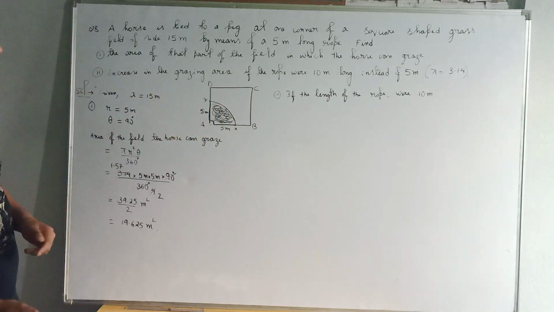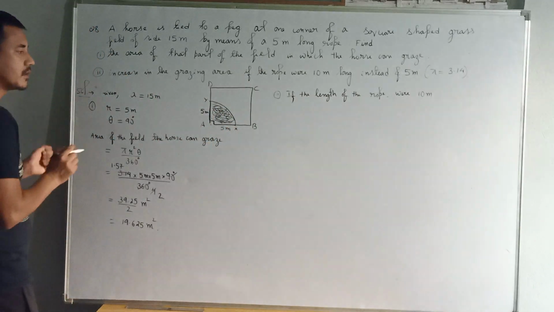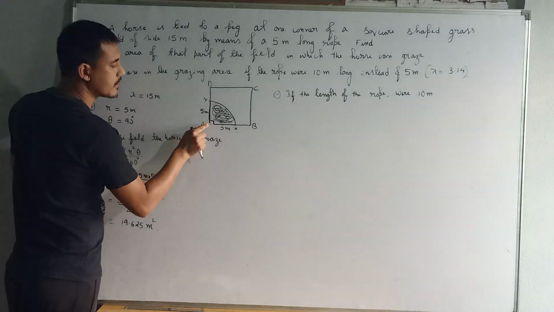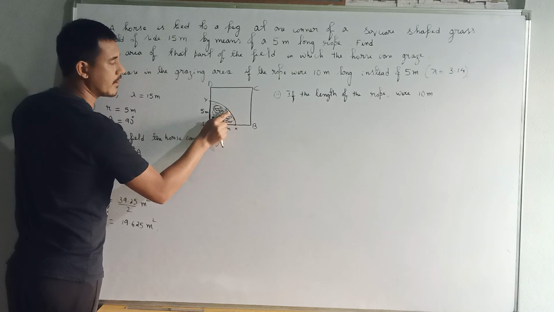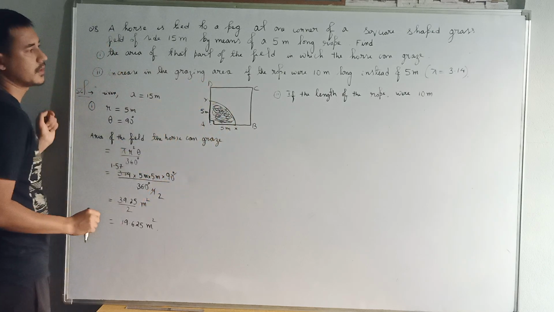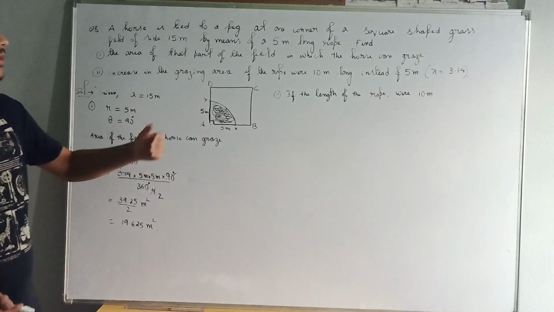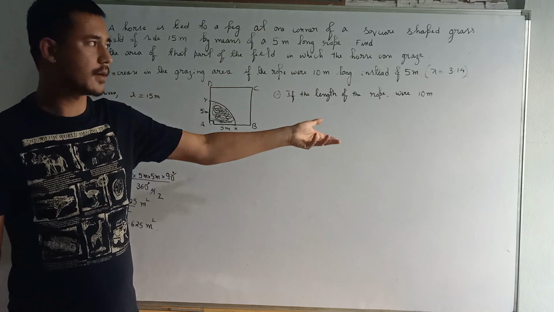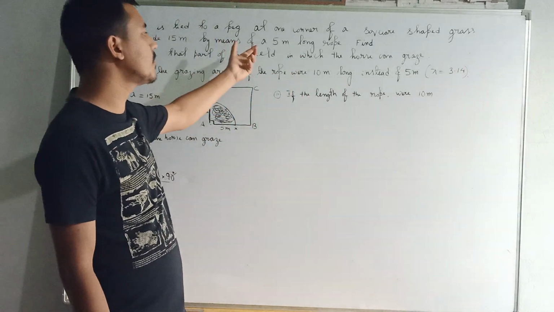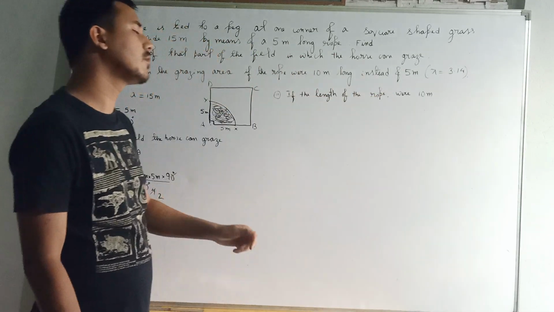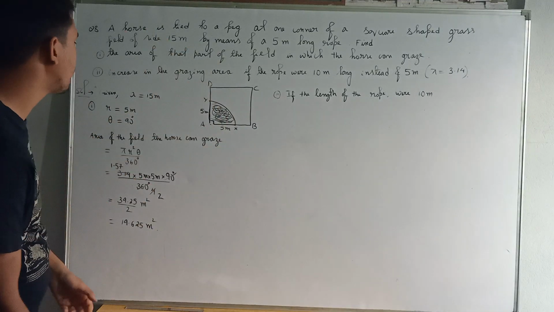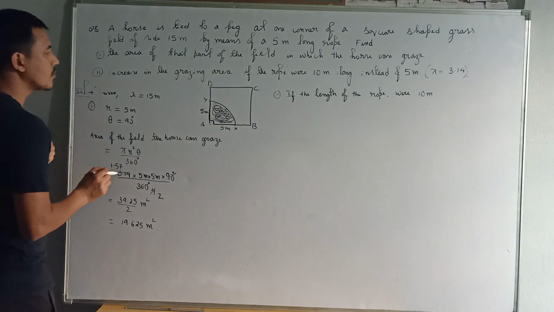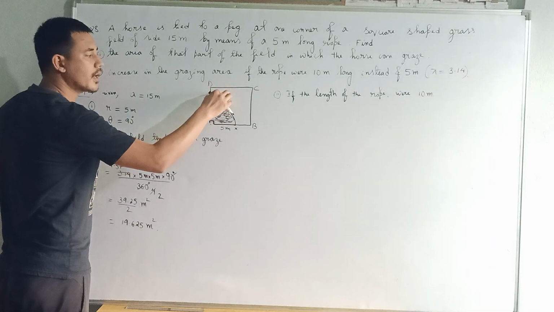When the length of the rope was 5 meters, the horse could graze only the area AXY of the field. But this time the length of the rope is doubled, it was 5 meters, now it's given to be 10. So since the length of the rope is now doubled, the horse would be able to cover a larger area.